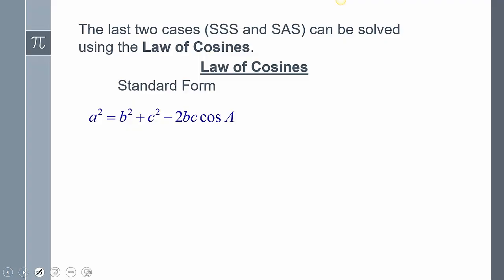Now, they're all just a slight tweak, but technically, this is really all you need to memorize. If you just know this one equation, you should be able to figure out the rest of the pieces. This right here is the missing side.